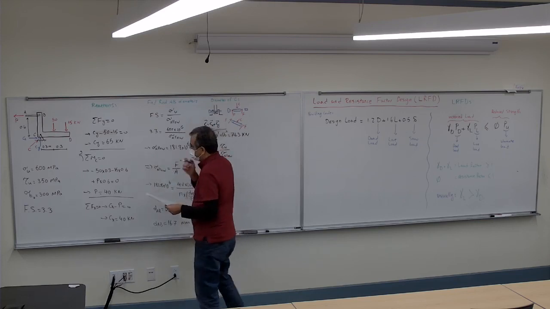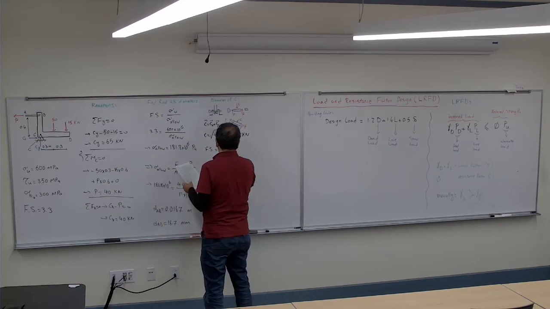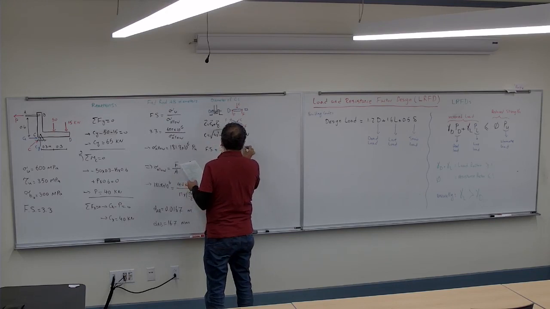So tau ultimate is 350, so therefore 3.3 is 350 times 10 to the 6 divided by tau allowable.